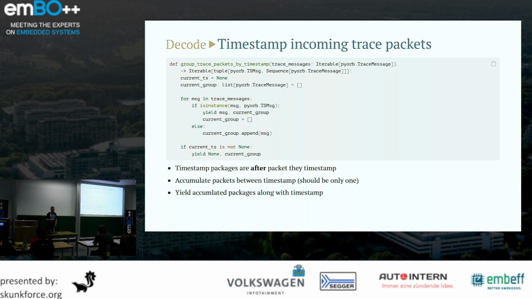Before we can decode actual packets, we need to recover the timestamps from incoming data. As I said, the timestamps are relative and they're coming after the data packets. So we need to capture everything up to the timestamp packet, then yield this entire group as this was received and that timestamp.